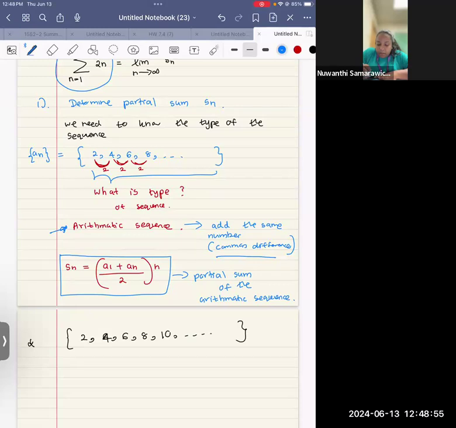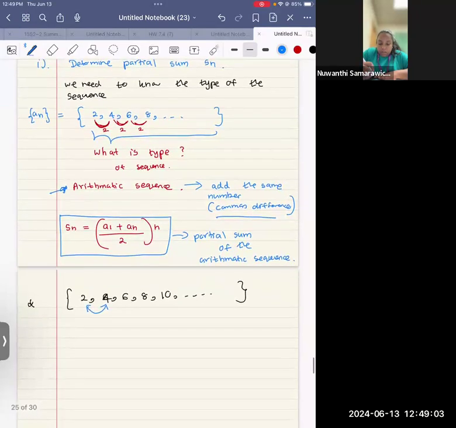To identify whether it is an arithmetic sequence or not, you take the difference of two terms. If the differences are equal, here the difference of 4 and 6 is just 2, the difference of 6 and 8 is just 2, the difference of 8 and 10 is always 2. This is called an arithmetic sequence.